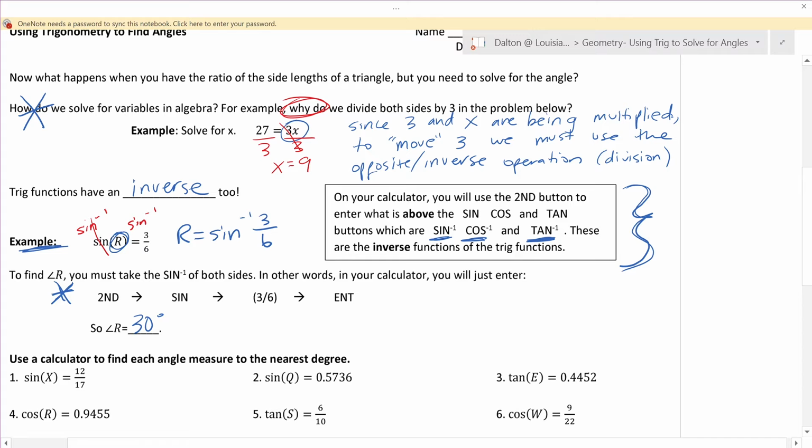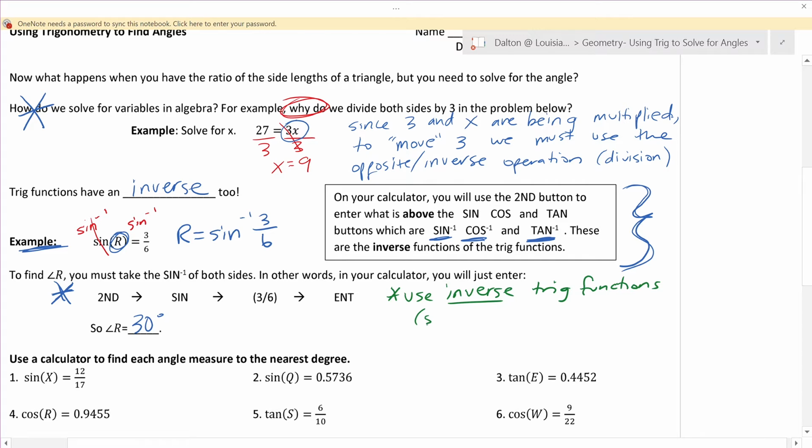So the biggest question and the biggest issue that people have in this chapter is, when do you use the second sine button, and when do you use the regular sine button? Well, here's your answer to that question, and I hope that you never forget it. Ready? You use the inverse trig functions. That's when you hit the second button, right?